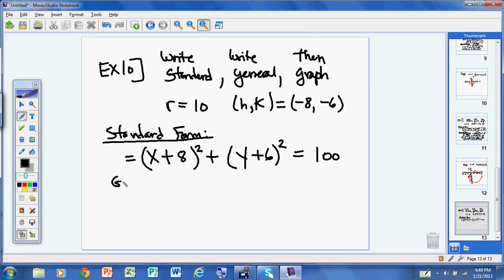And then here's your general form answer. Once again, you're going to square both the x plus 8 and the y plus 6. So that's going to be x plus 8 times x plus 8 plus y plus 6 times y plus 6.